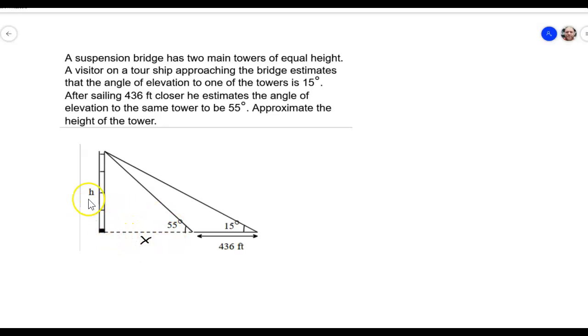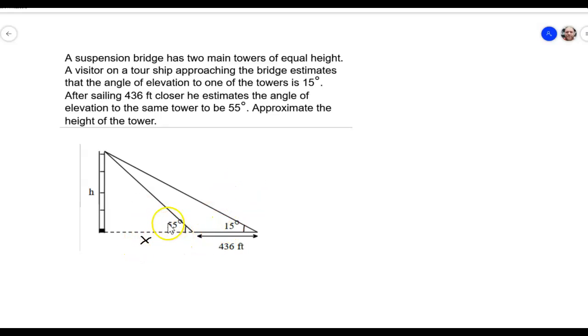And considering I have two of the sides and an acute angle here, I'm going to be using which of the three trig functions? It's the one that does not include the hypotenuse, so that would be the tangent, because that's the opposite and the adjacent.